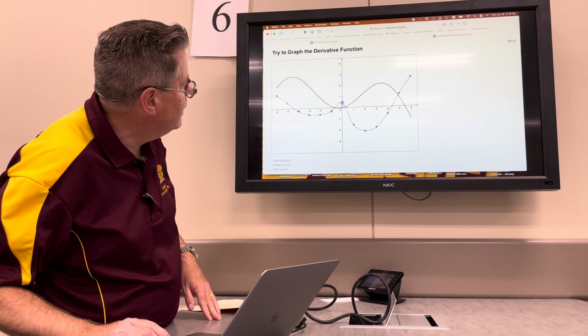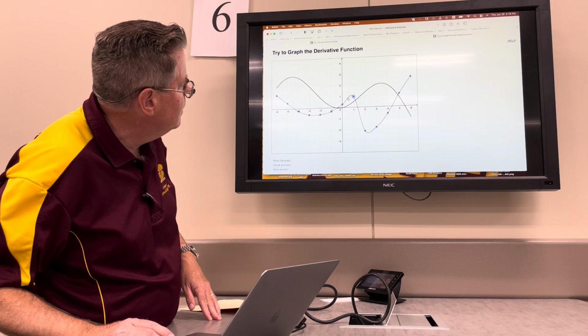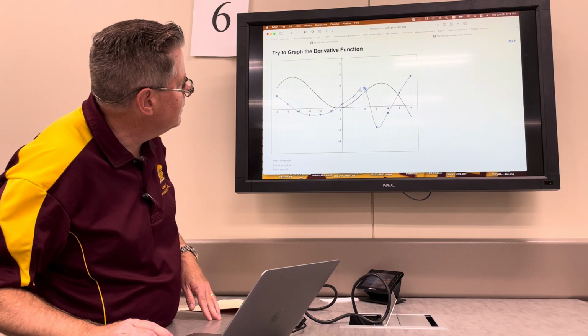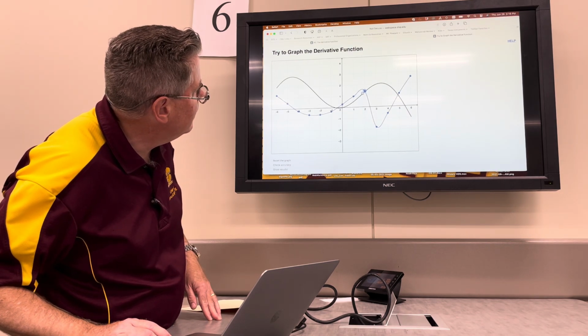Somewhere, maybe right around there. This one here. I'm now into the positive slope zone. So I'm going to guess it's maybe there. And then this one here, still positive. Let's say it's about there.